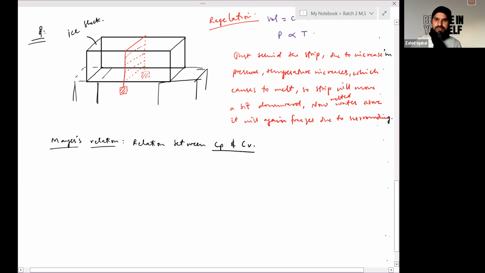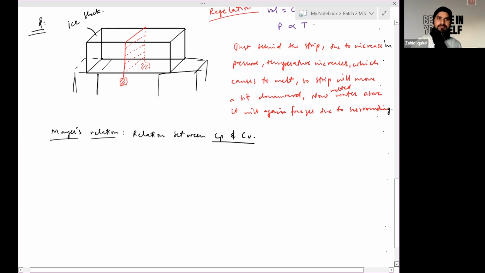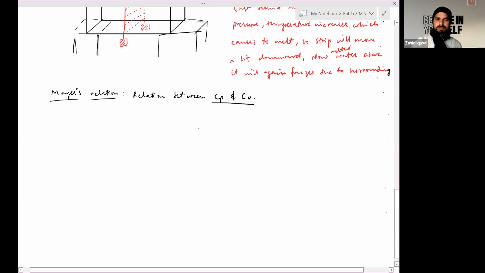So let me define this entire term and explain why Cp is greater than Cv. Suppose this is any system in which the piston is free to move. In the second part, let's say the piston is fixed.